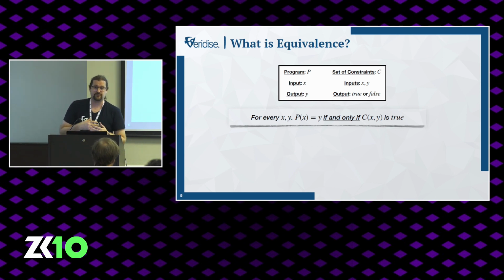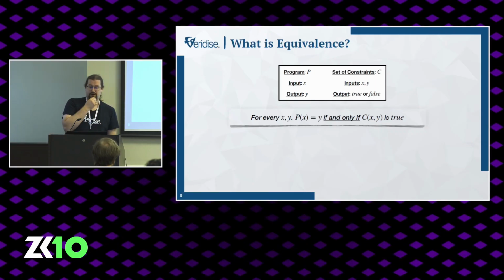If it's not, that means that there's some behavior that is outside the scope of your program, and that would still be accepted by your constraints. In a lot of cases, this is not intended by the developer of the circuit, and we'll show some cases where this can lead to some buggy behavior where someone can manipulate a witness in order to generate an attack. And so we'll be taking a look at that in a little bit.